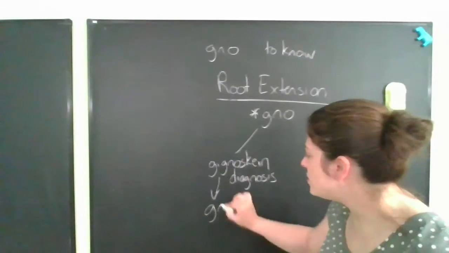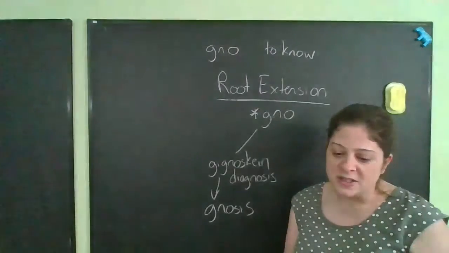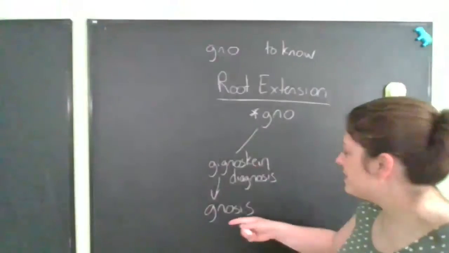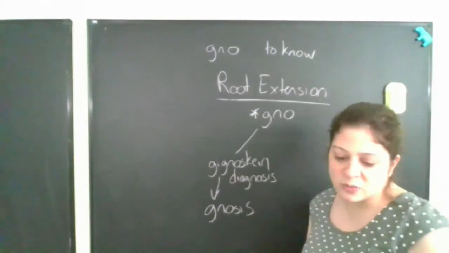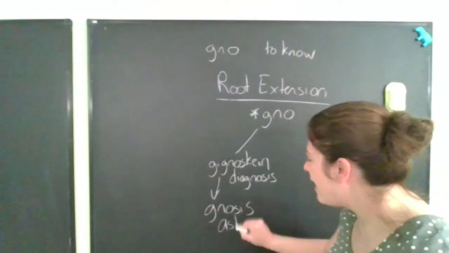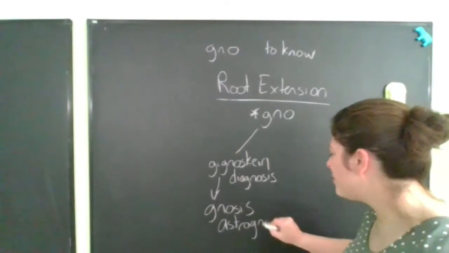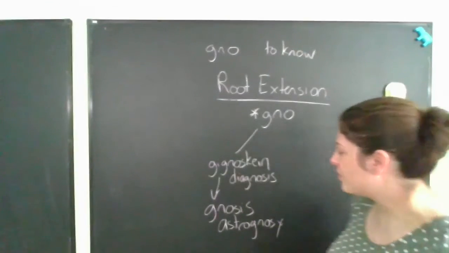The noun is gnosis, and gnosis means something just like knowledge. Right? It is sort of a noun form, to know and then knowledge. And from gnosis, we get a root that we use in a word like astronocy. Not a common word, but it is the study of astronomy. It's more of an archaic or ancient word for it.